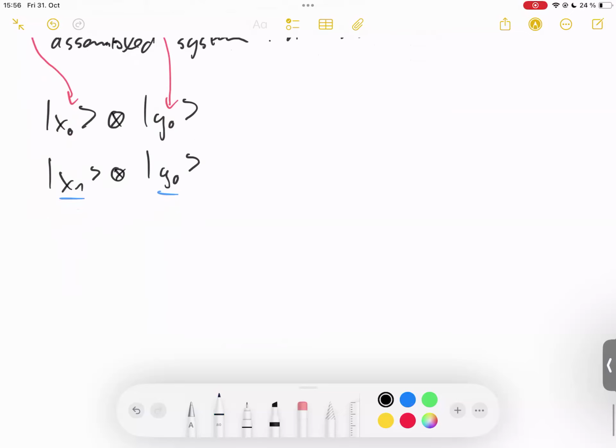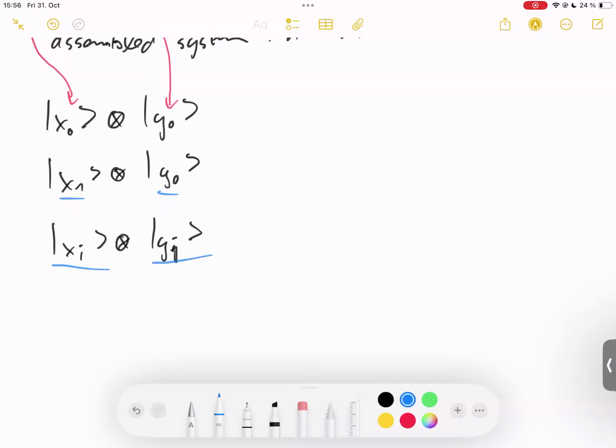Again, we can generalize this and we can say xi, tensor product with yj. This means the first particle is then found at position xi and the second particle at position yj. It should actually be a j, not an i, because they are independent indexes.